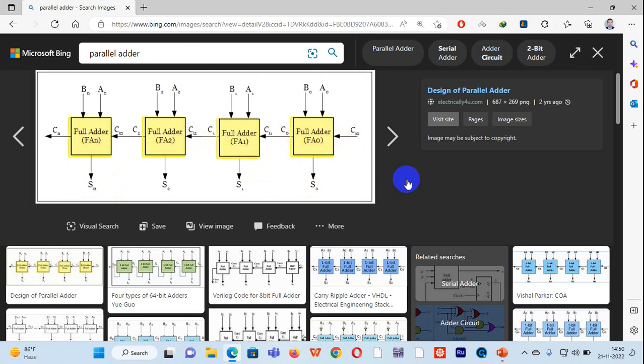4-bit. So this is our basic hardware, only a single hardware. By using this single hardware, we design the ALU. What is the equation of the sum of this hardware, the full adder?